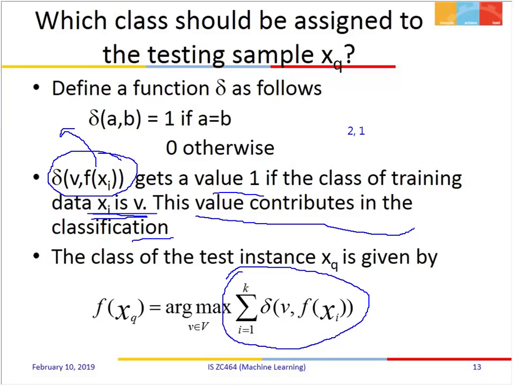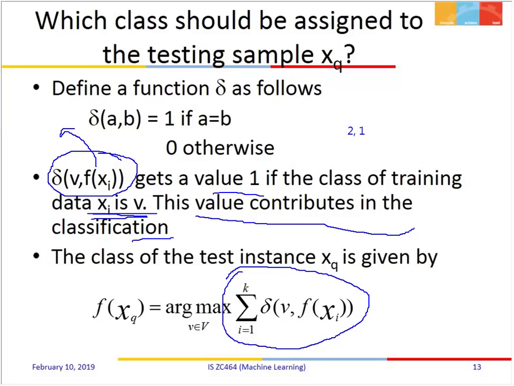Basically I am rolling over all these points from 1 to k such that whichever v gives us the maximum value, we will assign that class to xq.